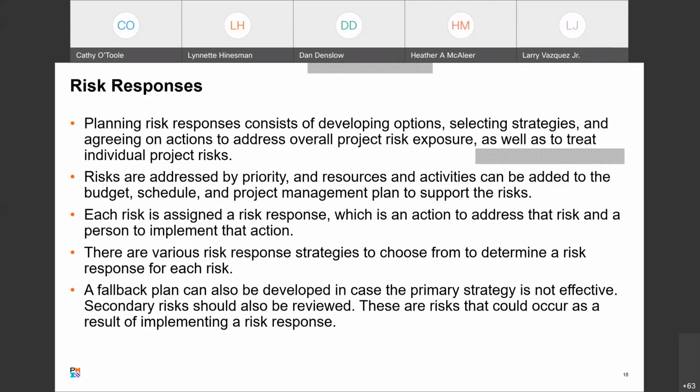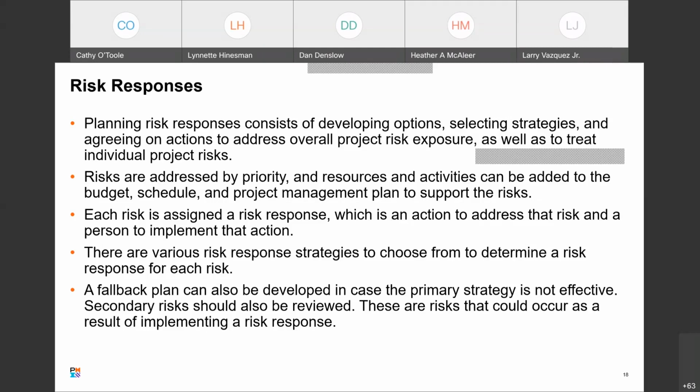Now, for risk responses, they very much recommend that you plan your risk responses, and that consists of developing options, selecting strategies, and agreeing on actions to address overall risk exposure, as well as to treat individual project risks.